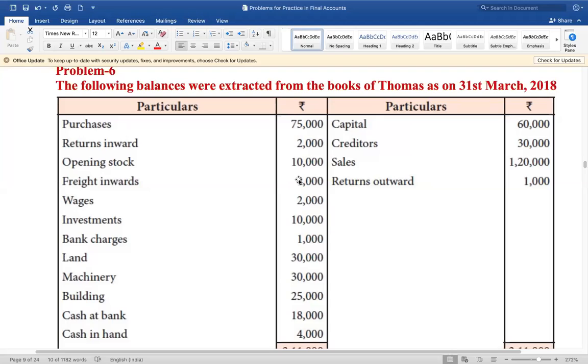When they return back, that is returns inward, it comes in. You sell goods, it goes out. When they return back, it comes in. So that's returns inward. It's a sales return. It is neither expense nor income. It is just a deduction from the sales, right?